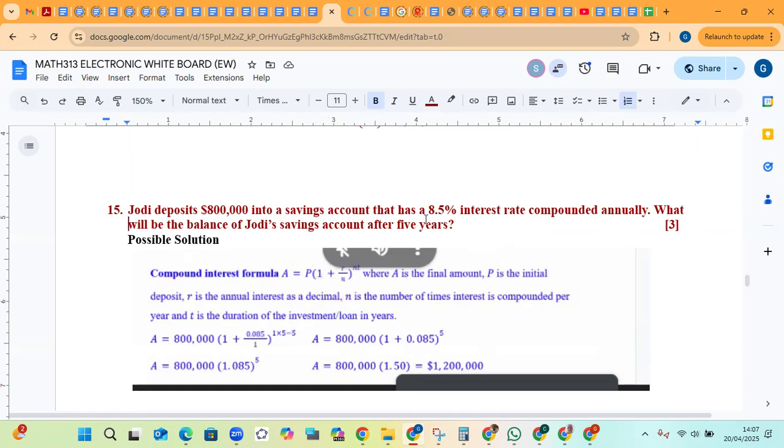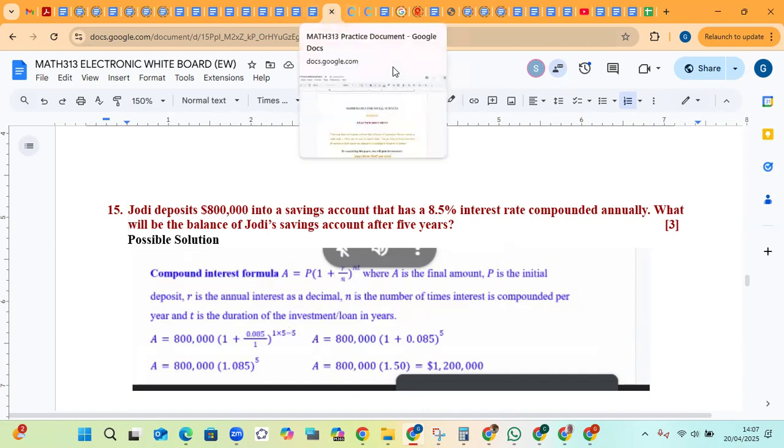The R is 8.5%, but it is compounded annually, so N is 1. It says R is the annual interest, N is the number of times interest is compounded per year. So it's only once, and T is the duration of the investment loan in years. Here, T is 5 years.